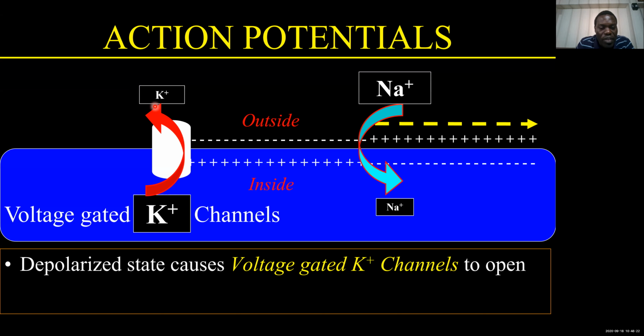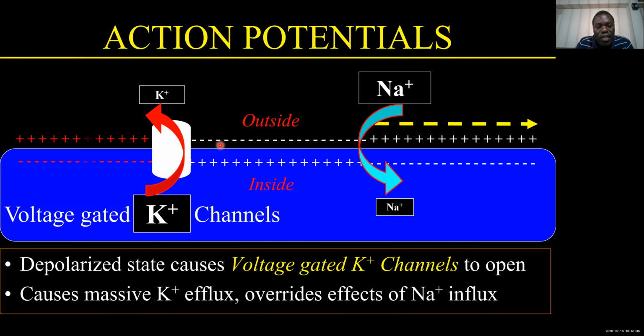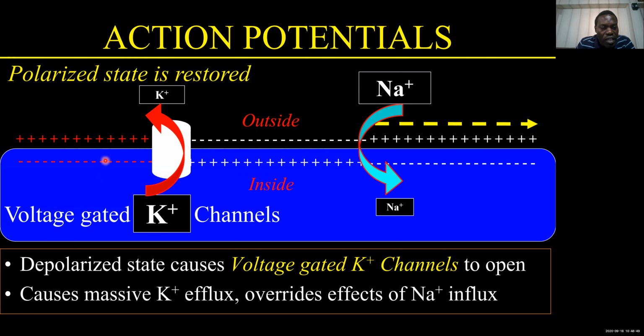This massive potassium efflux is going to try to correct the membrane disturbance by making the inside negative and the outside positive. So basically, you are trying to restore the resting state of the cell membrane by making the outside positive and the inside negative. So yes, potassium efflux will still come by opening voltage-gated channels so that the resting state is restored.